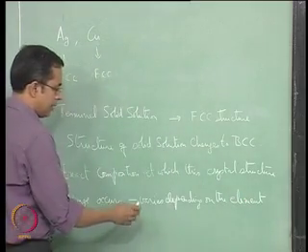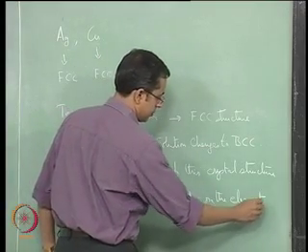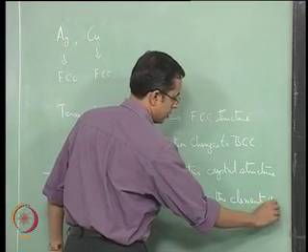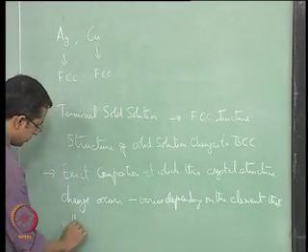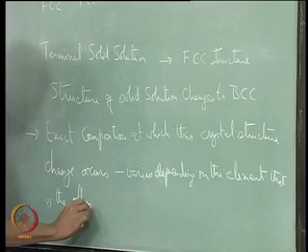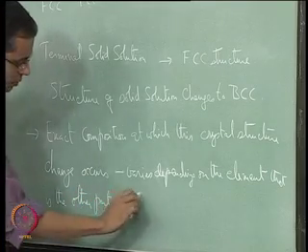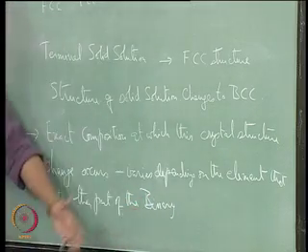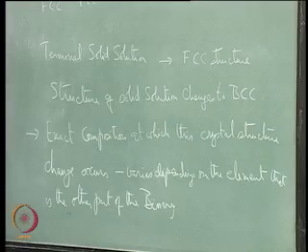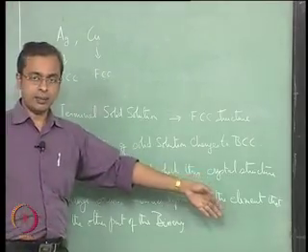By definition, binary means you have only two elements involved, so silver or copper is one of them, and then you are adding some other alloying element.